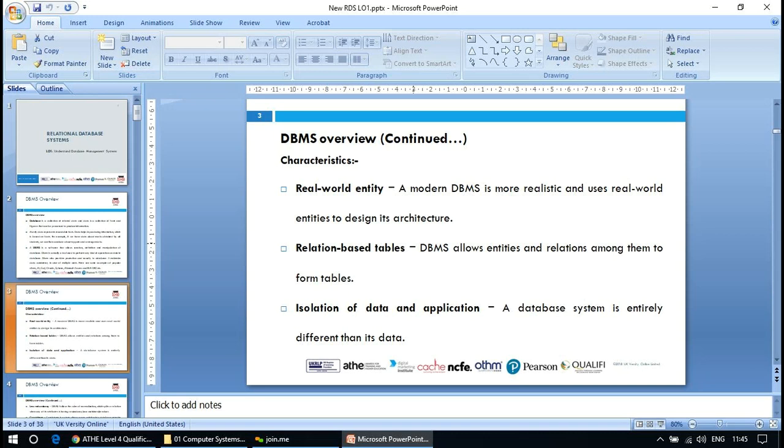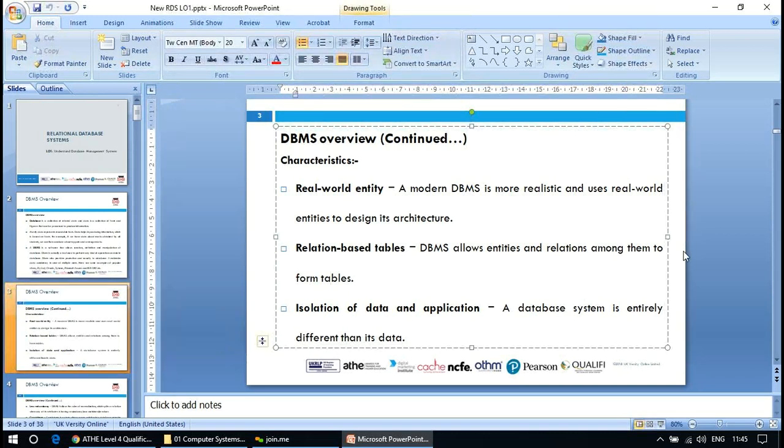Then another characteristic is that relation based tables are given to you, which allows entities and relations among them to form a table. If you are storing a sequence of data in a Word file, then it would be a bit difficult for you to get it processed.